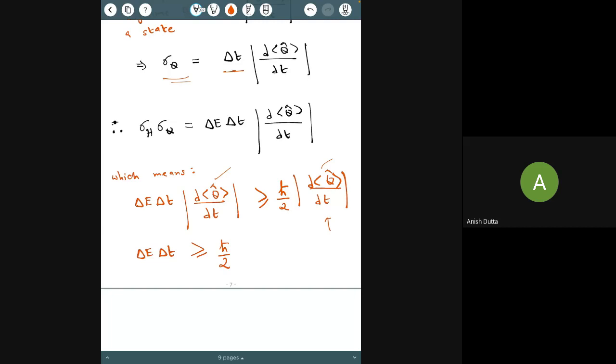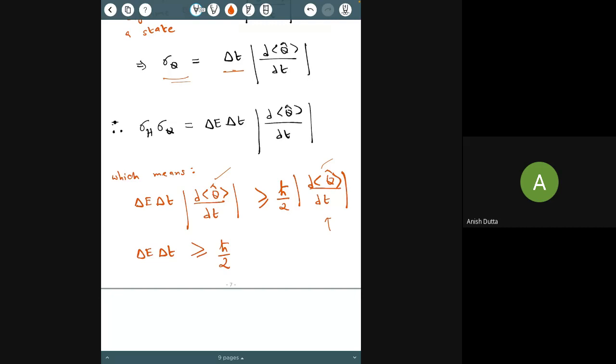Now if a system changes rapidly, then dq dt is large for all Q's. Which implies that delta T is small and that delta E is large. A system can only evolve rapidly if it is a superposition of many different energies. So what does delta E large mean?